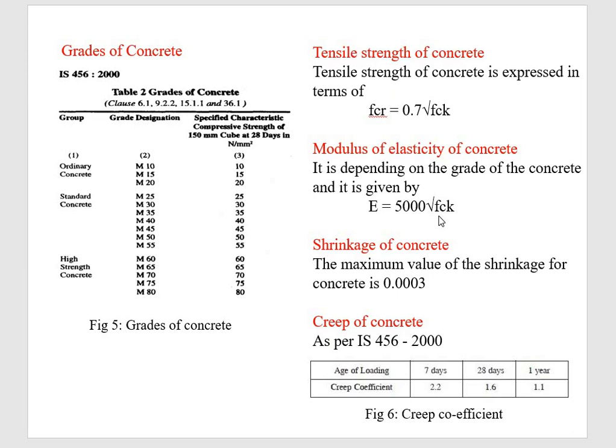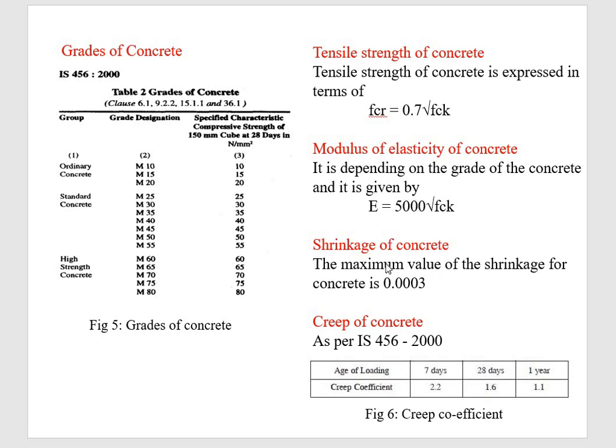It depends upon the type of grade given. So this E or modulus of elasticity of concrete won't be constant at all, it will be varying. But always keep in mind, for steel, modulus of elasticity will be constant. It is 2 into 10 power 5 Newton per mm square for steel.